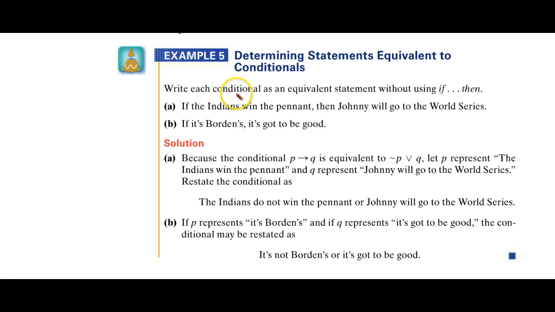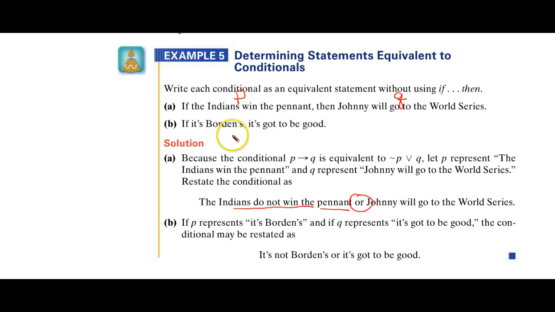So this will be our P, then this will be our Q. So without the if and the then, we're going to say the Indians do not win the pennant is the negation of P, or not P. And then we use the word or for the inverted caret. Johnny will go to the World Series.